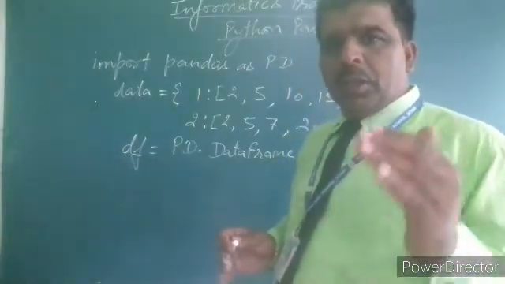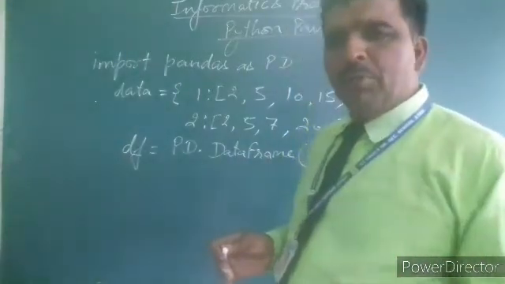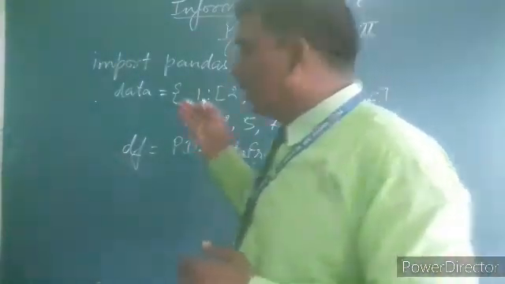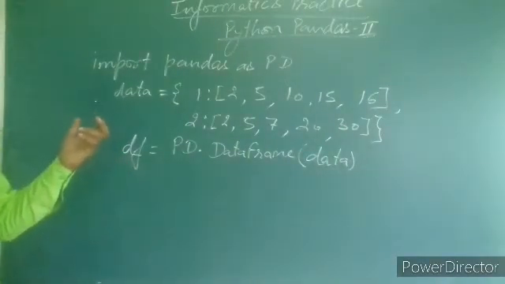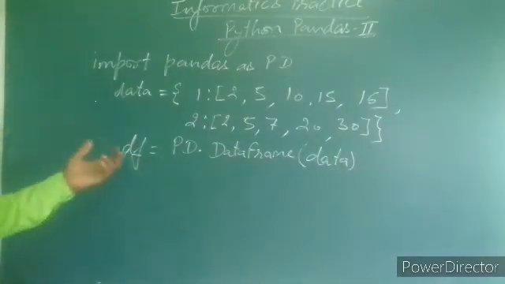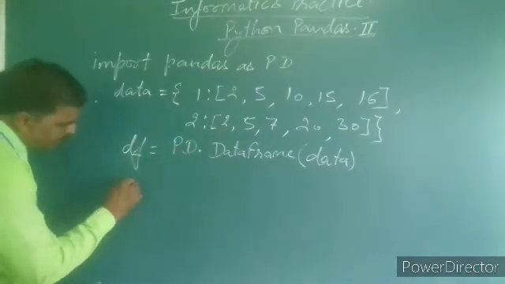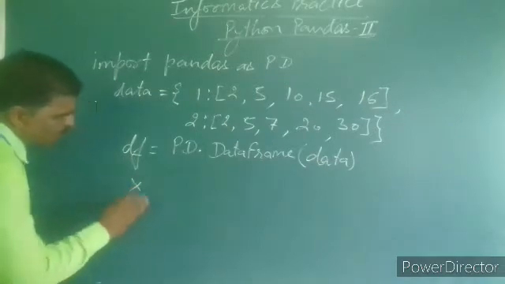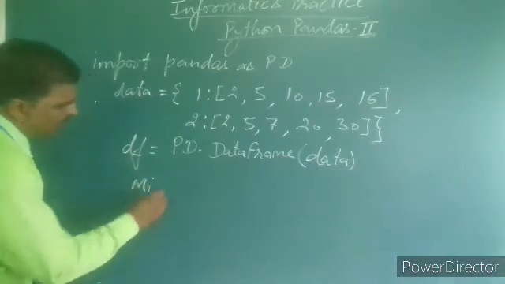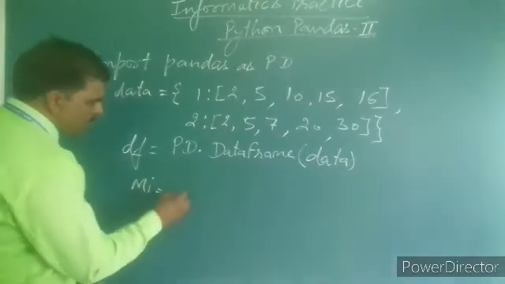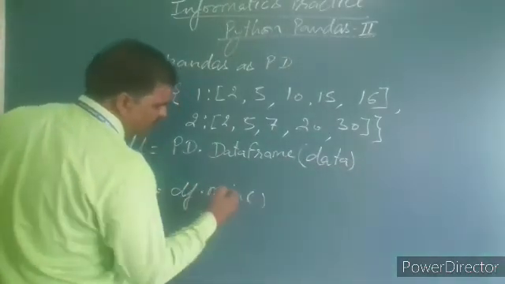After that we want to know which is the minimum and which is the maximum value within this. That's why we are taking this. So here mi equals to df dot min method.